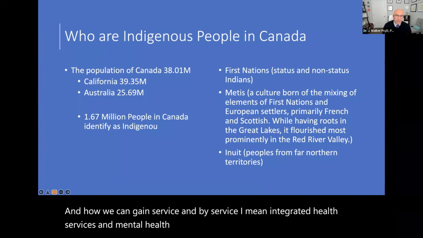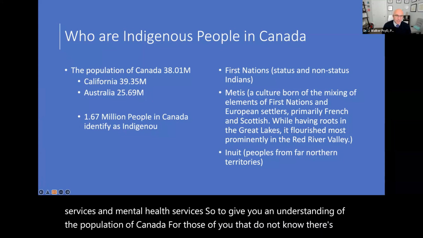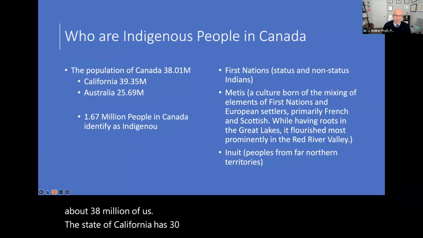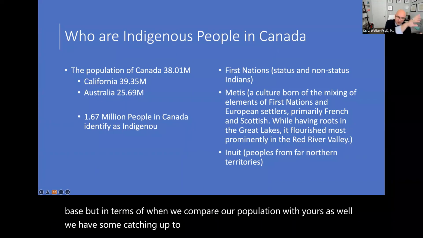So to give you an understanding of the population of Canada, for those of you that do not know, there's about 38 million of us. The state of California has 39 million people, okay? So we have a big land base, but in terms of when we compare our population with yours, well, we have some catching up to do. And in terms of Australia, 25 million.